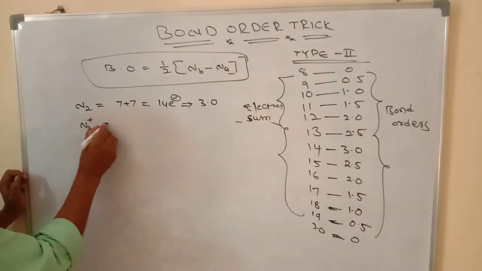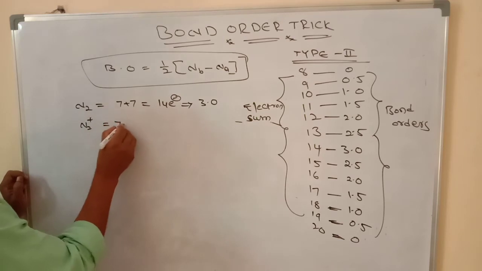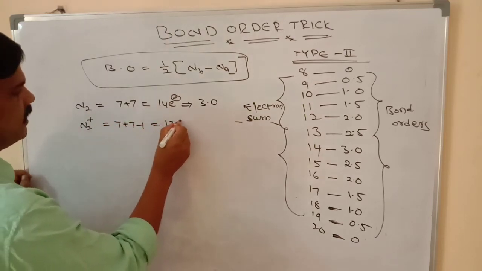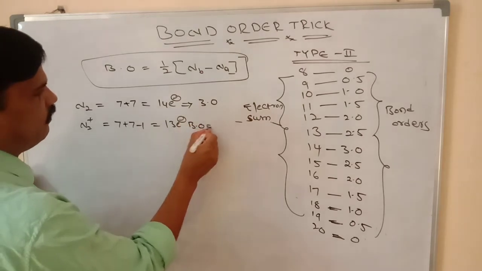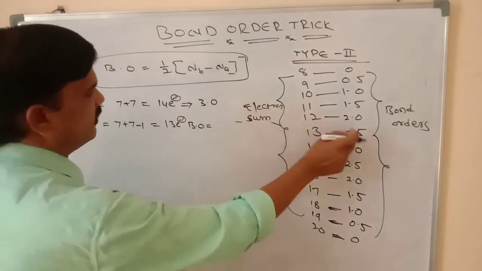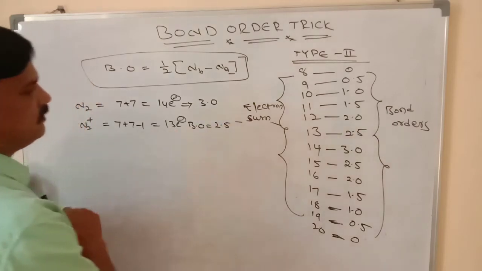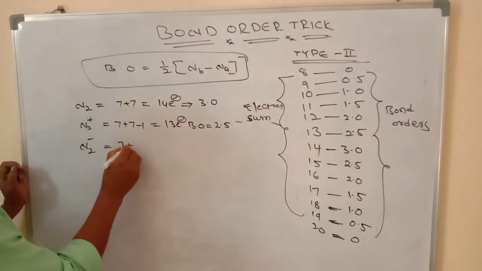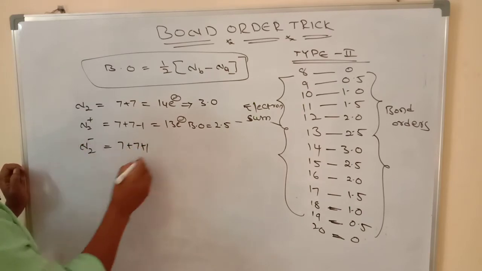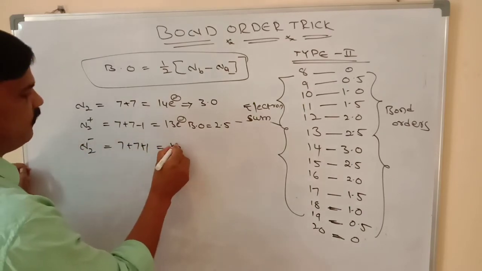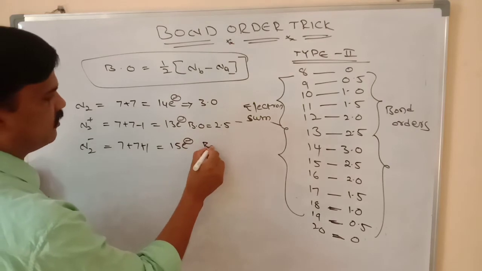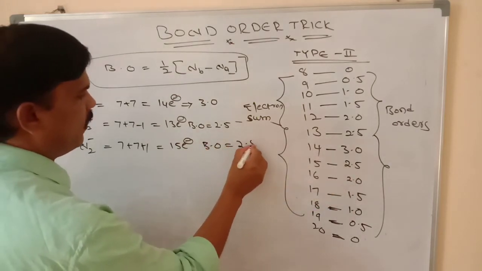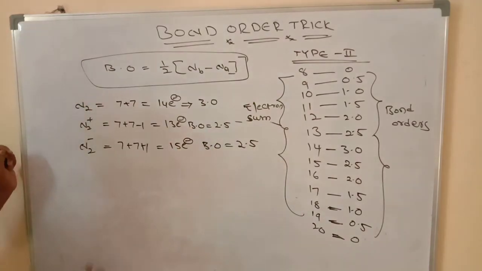N2 plus: 7 plus 7 minus 1, 13 electrons, so the bond order is 2.5. N2 minus: 14 plus 1, 15 electrons, so the bond order is 2.5. Many examples are there.